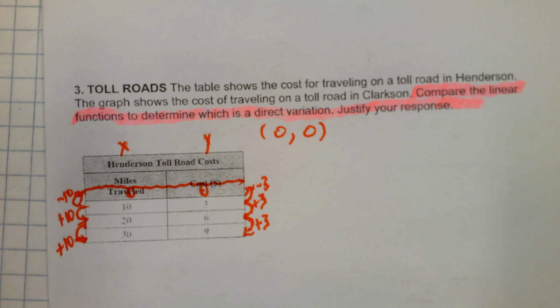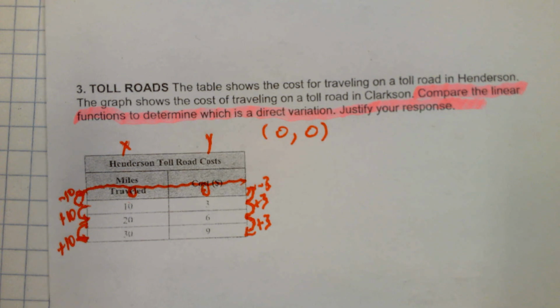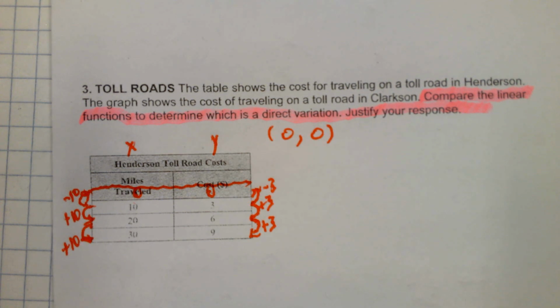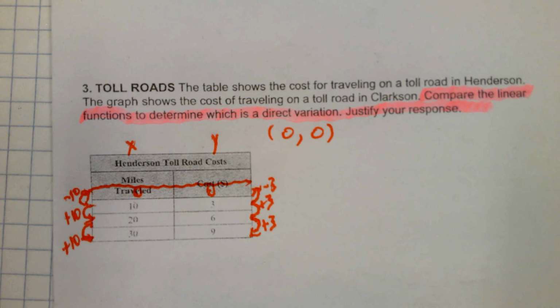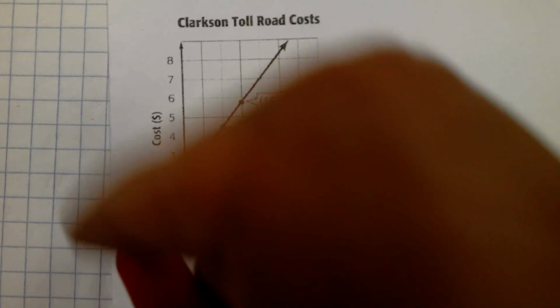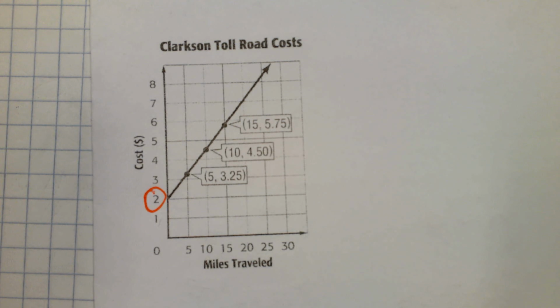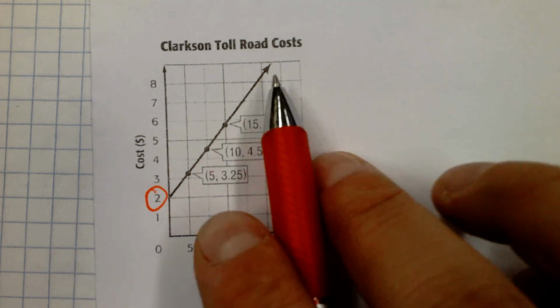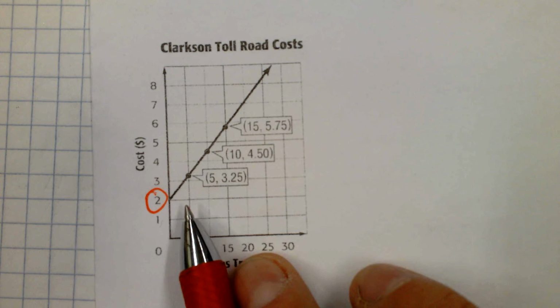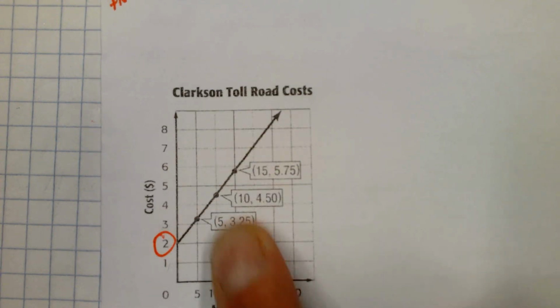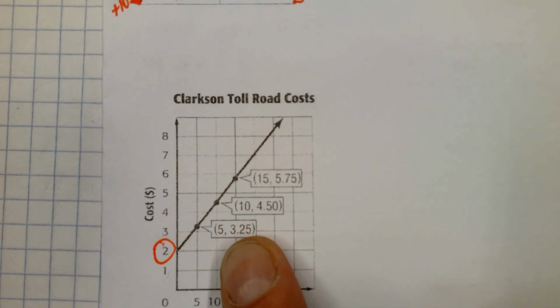Let's look at the Clarkson graph. How much are you paying at 0 miles? $2. Well, looks like just to get on the road, they're going to charge you $2, and then whatever the rate is. Is this situation a direct variation?